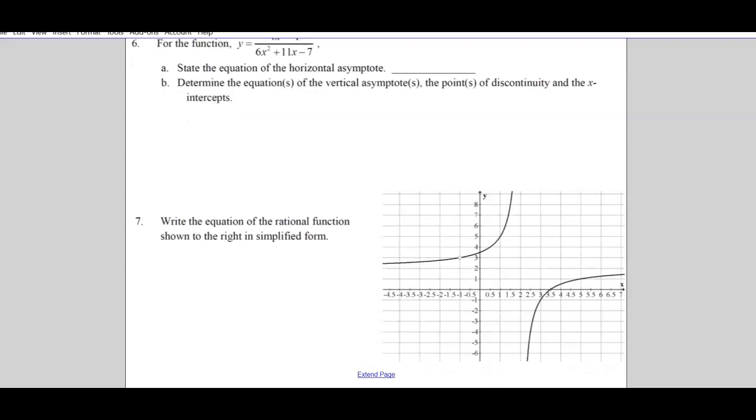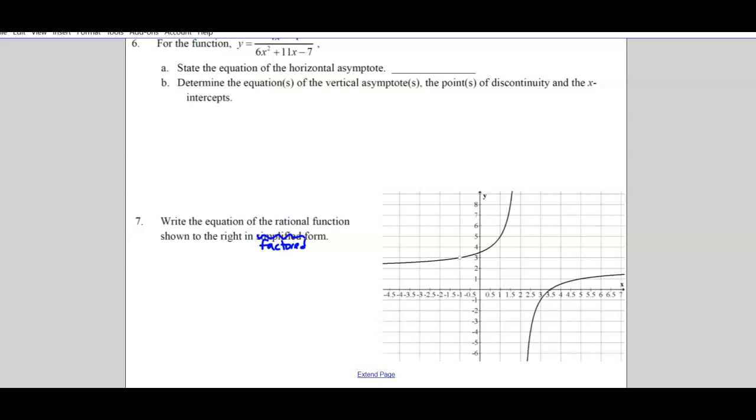It says, write the equation of the rational function shown to the right. It says in simplified form, but we're actually going to say in factored form. So take a look closely at it. I would try to figure out where the asymptotes are.